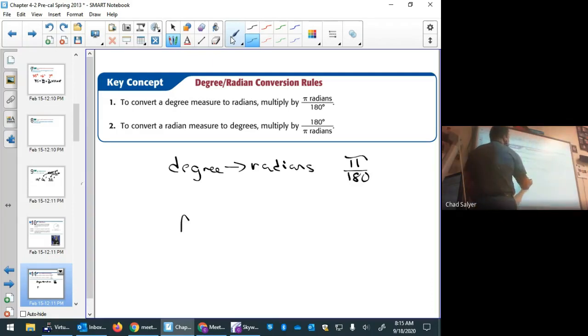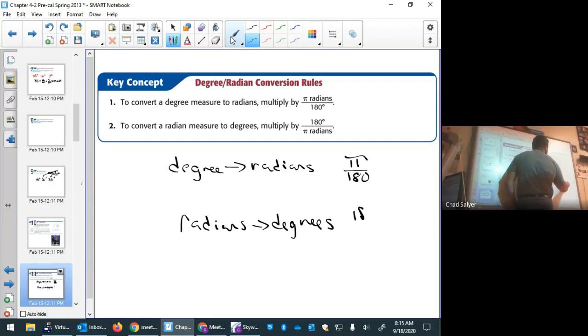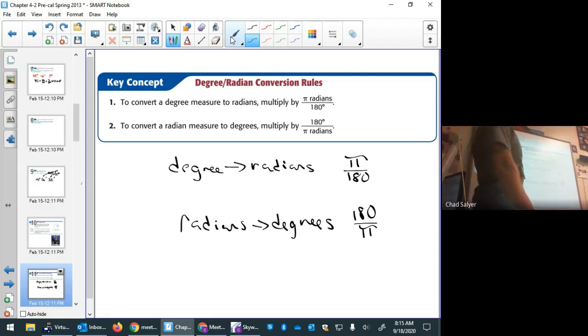To convert from radians to degrees, your conversion factor is 180 over pi. And you'll be doing these primarily by hand because your calculator will give you a funky decimal if you try to use pi.